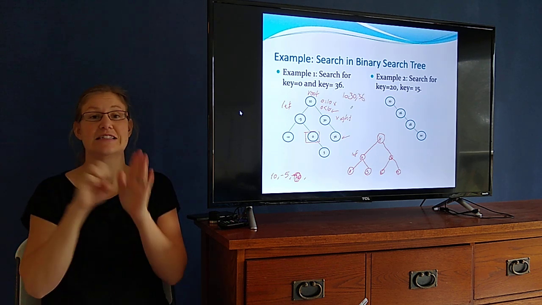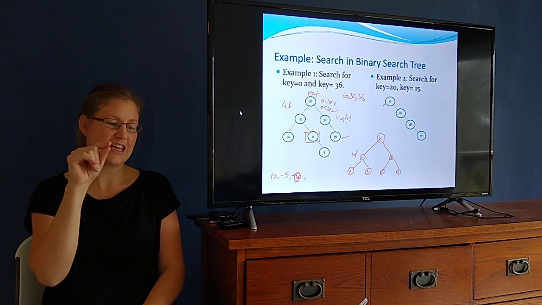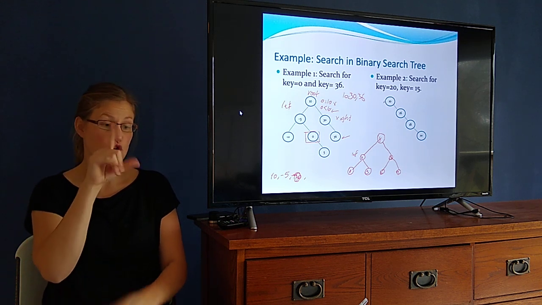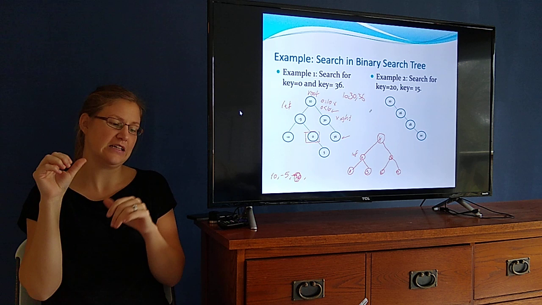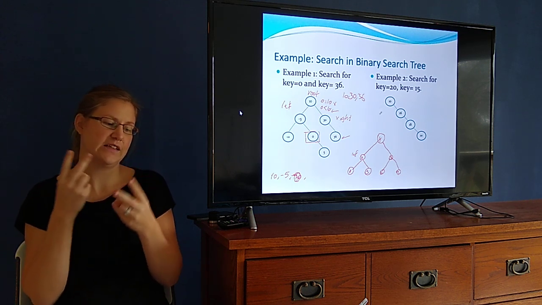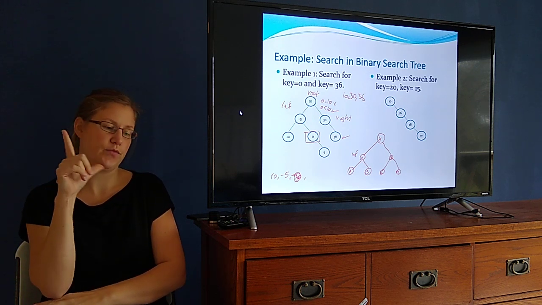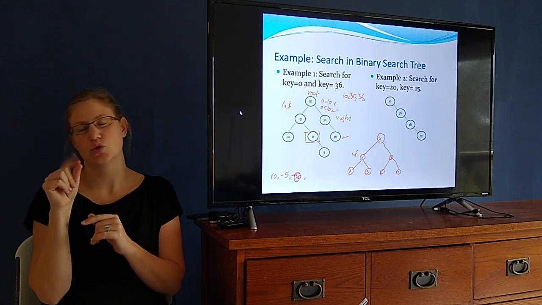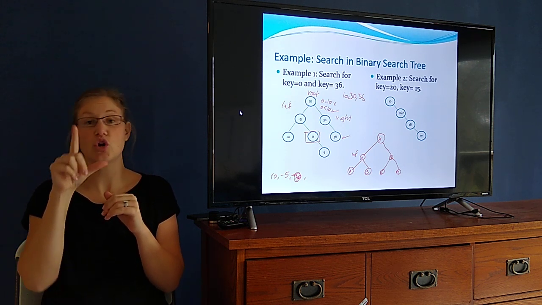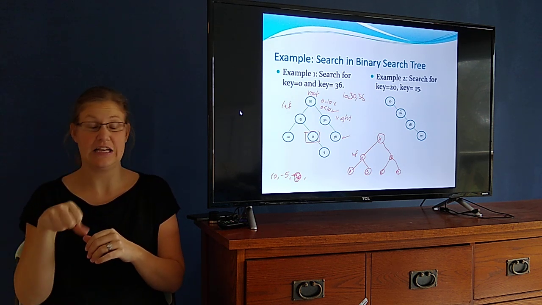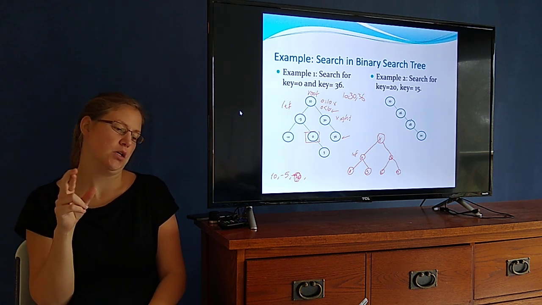How about example 2? Search for key 20 and key 15. Is the key 20 equal to 10? No. Less than 10? No. It's greater than 10, so we will search in the right subtree. Is 20 equal to 16? No. Less than 16? No. Greater than 16? Yes, so visit the right subtree.